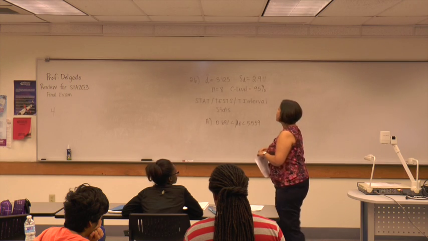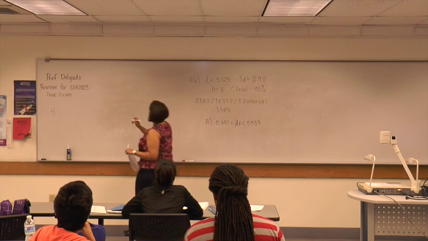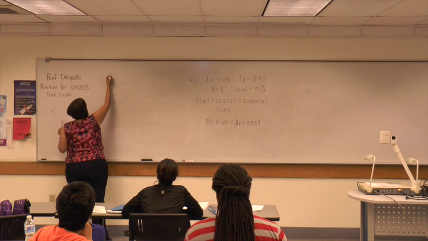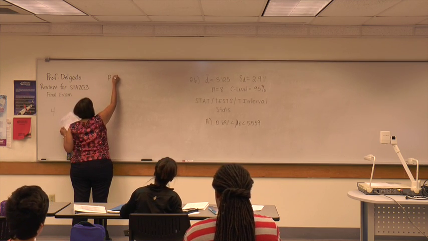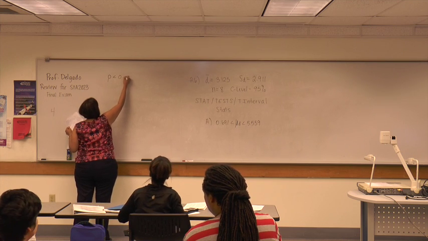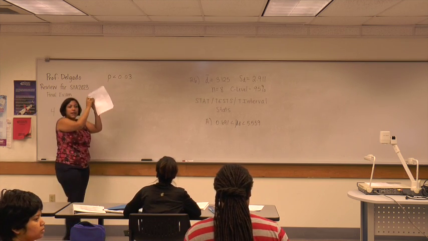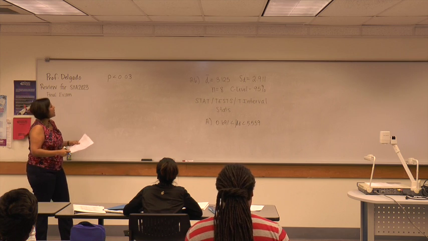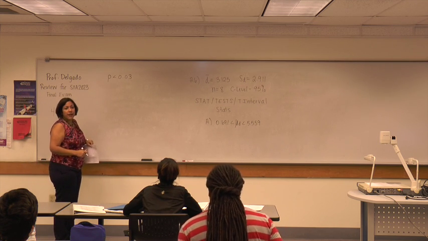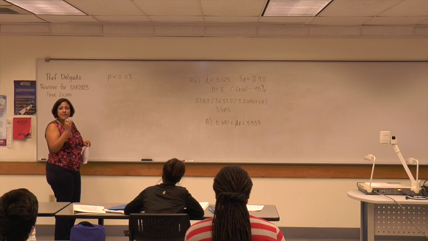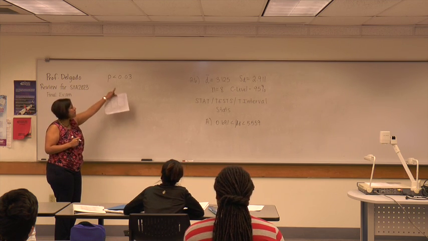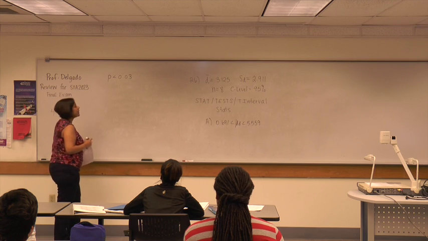Okay? So, let me write down what we know. This is from a different test. That looks like the alternative hypothesis, that the proportion of defects is greater than 3%. I'm going to write 3% as 0.03.